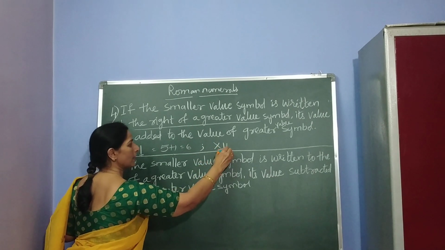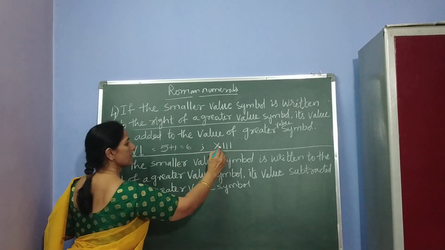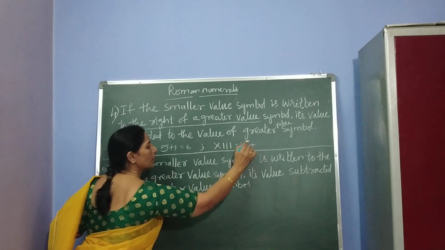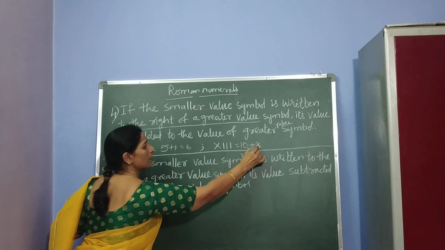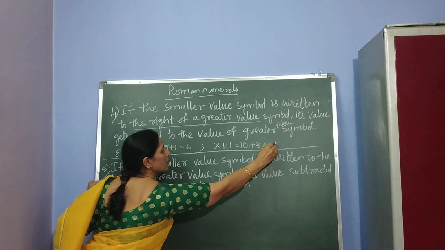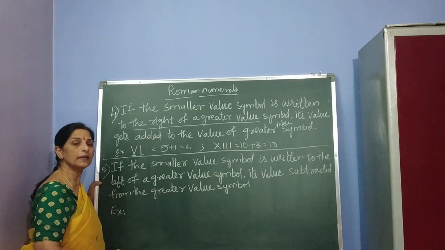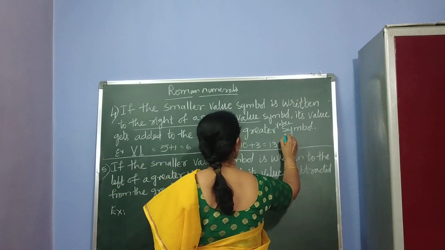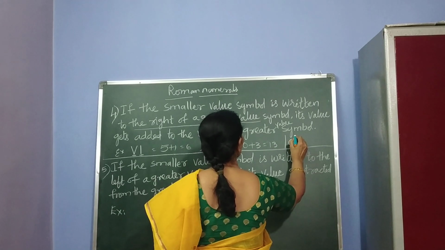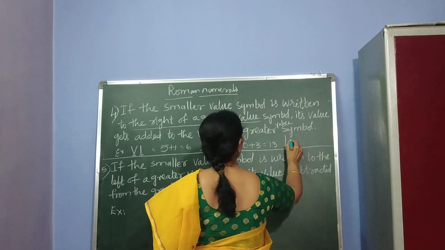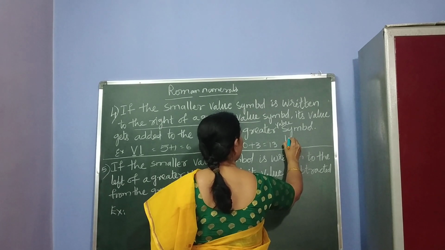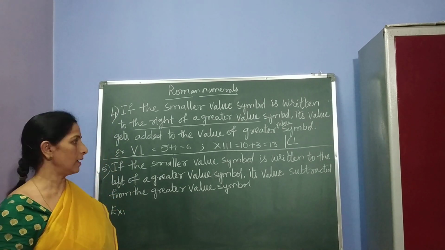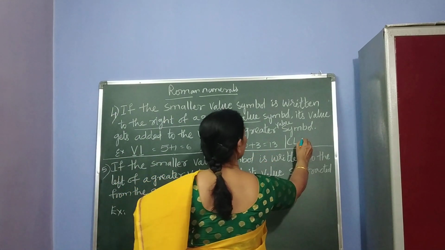For example, take XIII. X is 10 plus 3 I's, you know that, 10 plus 3 is 13. For example, here CL.